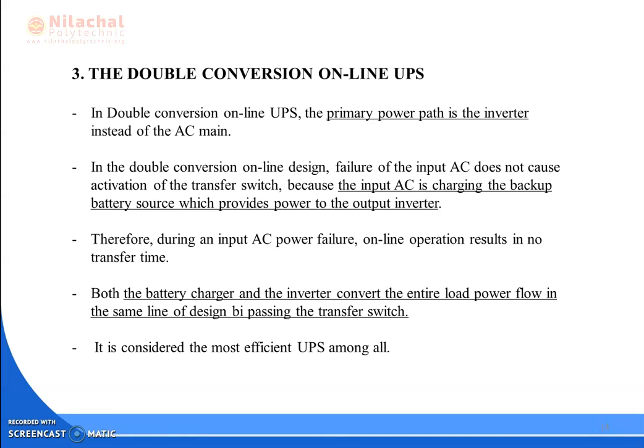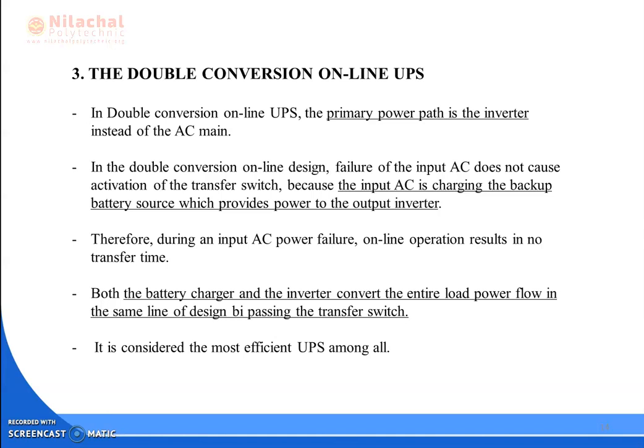In double conversion online UPS, the primary power path is the inverter. We already know the primary power path is usually the AC main, but in this case, the primary power path is the inverter instead of the AC main source. In the double conversion online design, the failure of the input AC does not cause activation of the transfer switch.